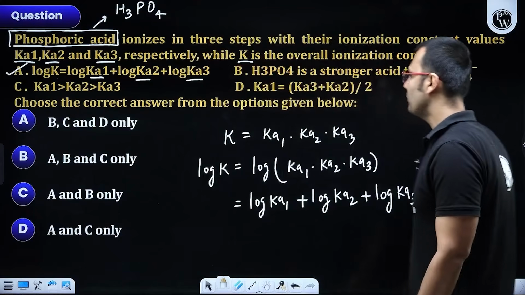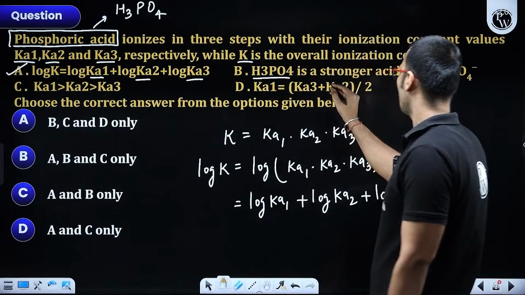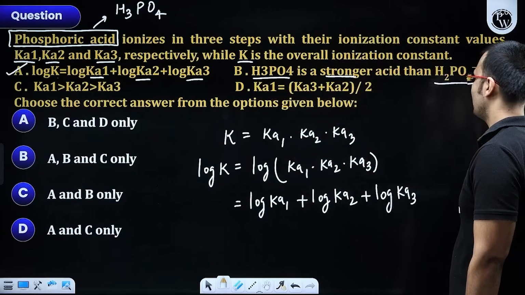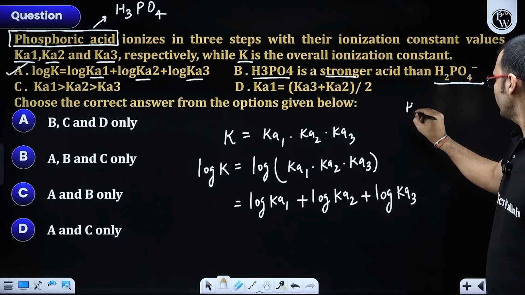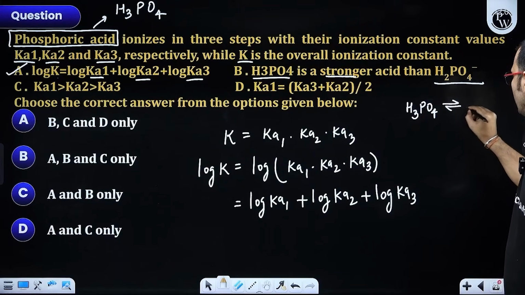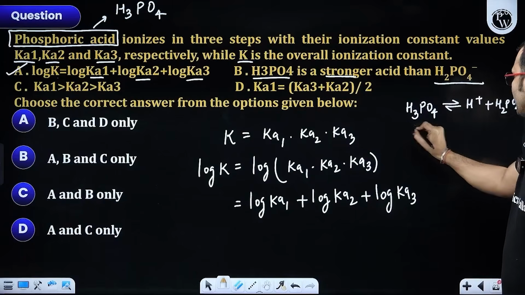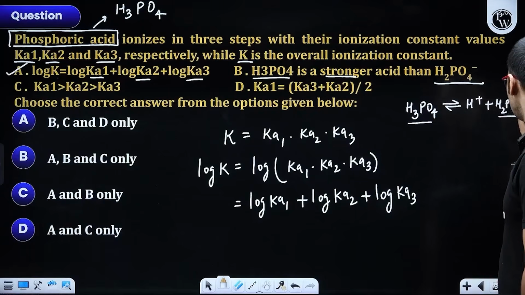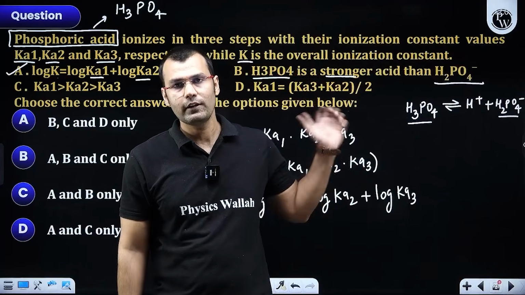Now, if you check B, in B they are saying H3PO4 is a stronger acid than H2PO4 minus. Of course, when H3PO4 ionizes, in the very first step you will get H plus ion, and along with that you will get H2PO4 minus. So as compared to H3PO4, H2PO4 minus will be a weaker acid because H2PO4 minus has negative charge, H3PO4 is neutral.